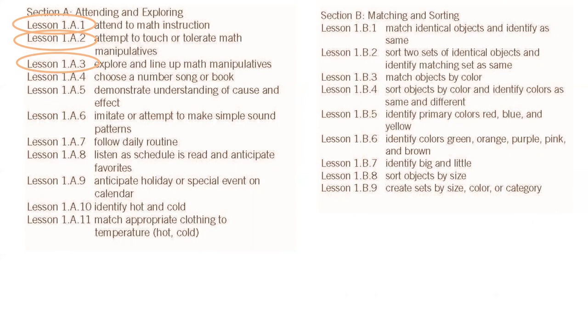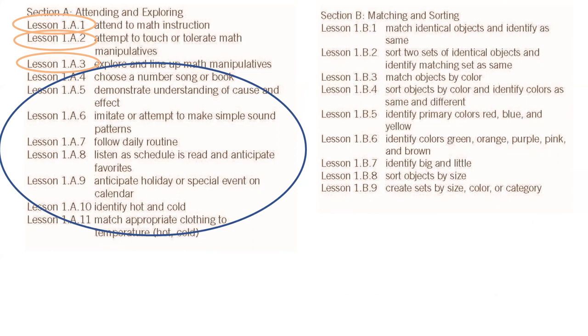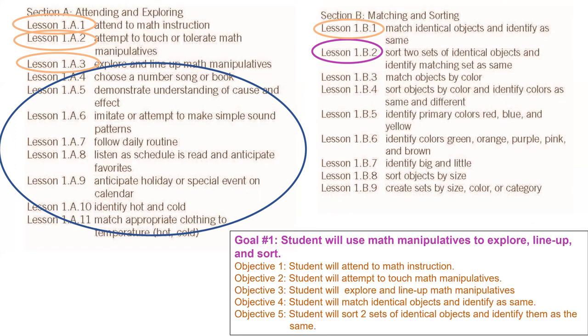I continue to teach 8 more lessons and end up in Section B with 2 more lesson objectives for IEP objectives, and now I have an identified goal. I combined all of that and wrote student will use manipulatives to explore, line up, and sort.